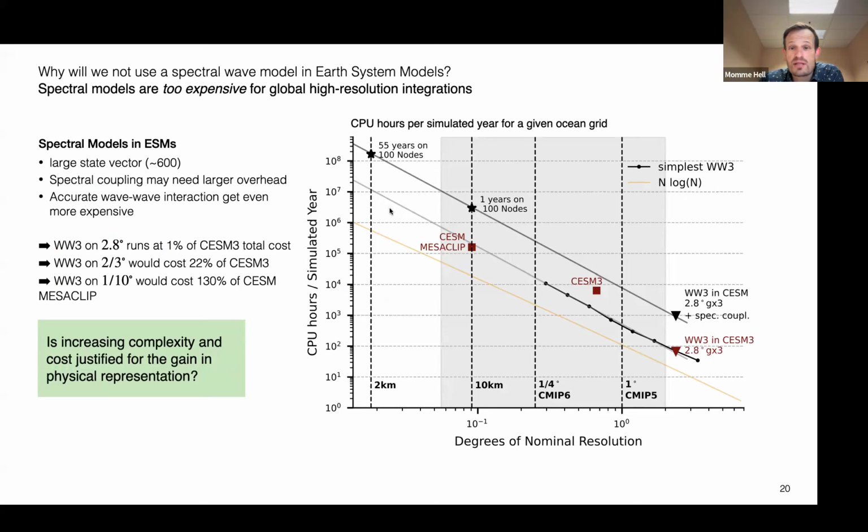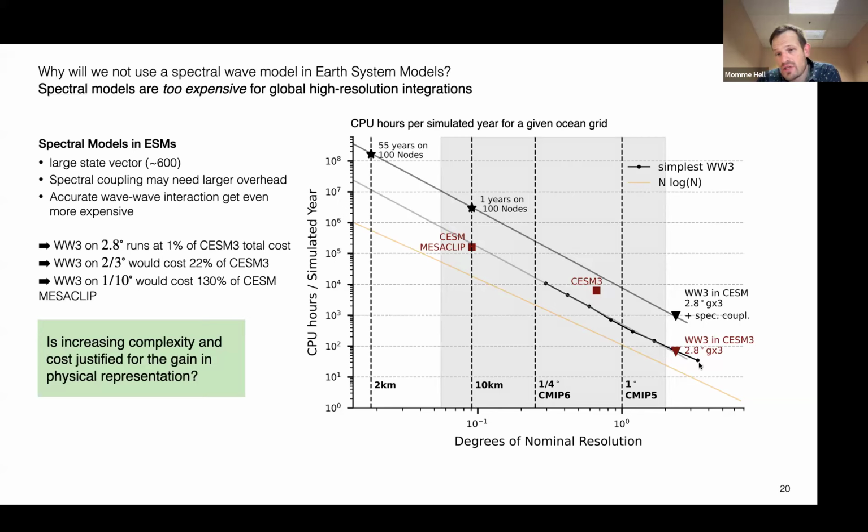This is a so-called weak scaling. That means I'm comparing the computation effort as I grow the computation problem size, right? So the horizontal axis is the resolution of the Earth system model or of the wave model, and the vertical axis is the effort we need per simulated year.